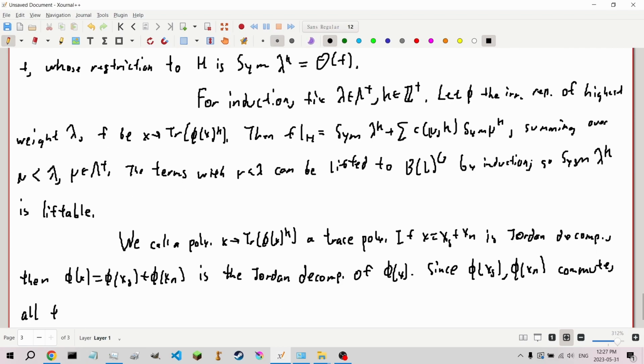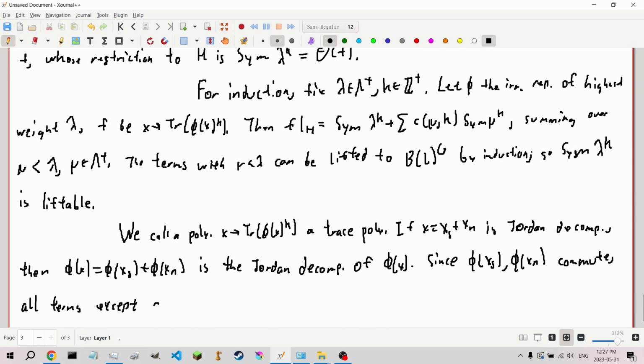All terms except phi of xs to the k in the expansion of phi xs plus phi xn to the k are nilpotent since they all involve a nilpotent term, hence of trace 0.